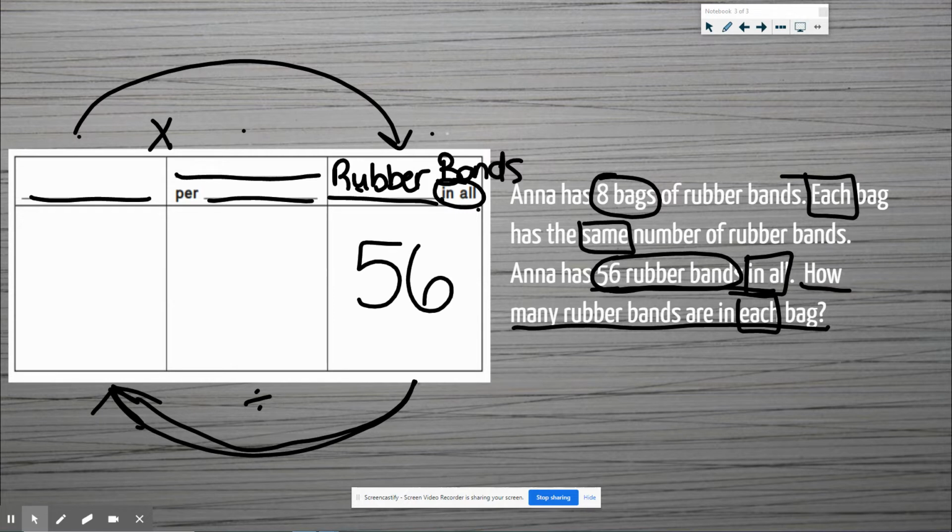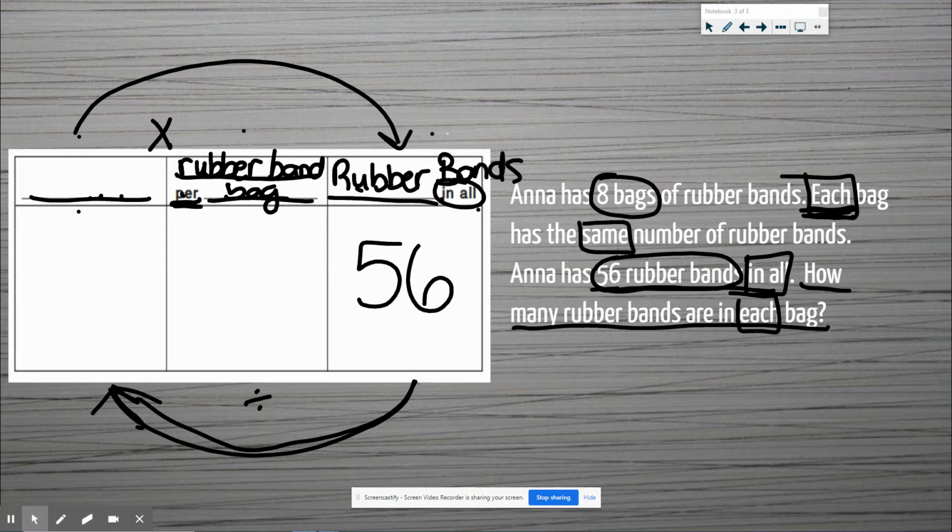Now I'm left with a blank and then blank per blank. This per right here is similar to this each right here. Each bag or per bag. So in this case, we're going to say rubber bands per bag.